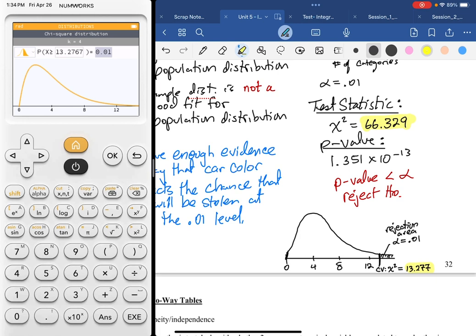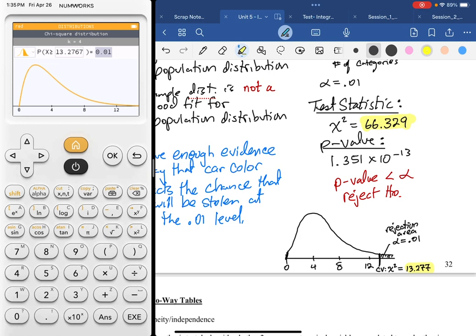Because basically, anytime we do a normal curve or a chi-square distribution, it's just a glorified number line. I'm just asking, all right, well, where does that 66.329 fall in comparison to 13.277? 13.277 is the cutoff for the don't reject the null region, which is the non-shaded, and reject the null region, which is the shaded.